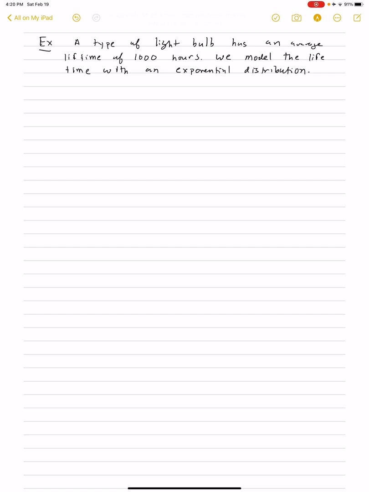In this scenario, we have a light bulb which on average has a lifetime of 1,000 hours. Okay, and we model this lifetime with an exponential distribution.